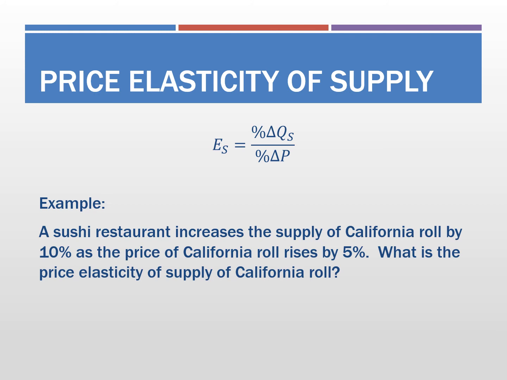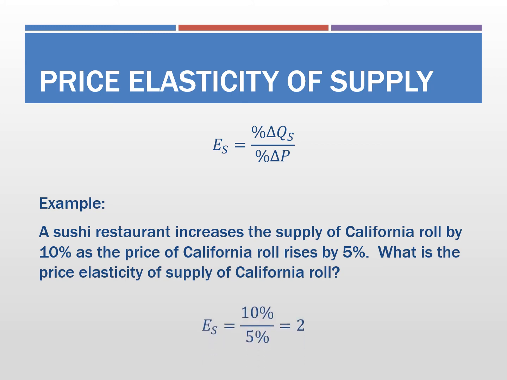Because of the motivation to get more profits by selling California roll, the quantity supplied by the restaurant will increase. So the supply of California roll will increase, and that's by the law of supply. Given the numbers here, we know the total quantity supplied of California roll increased by 10% because of the change in price.